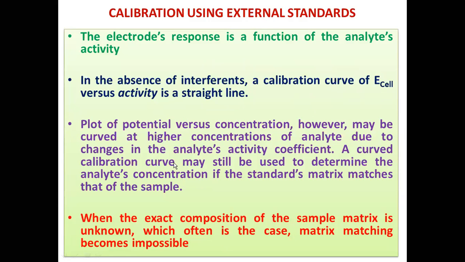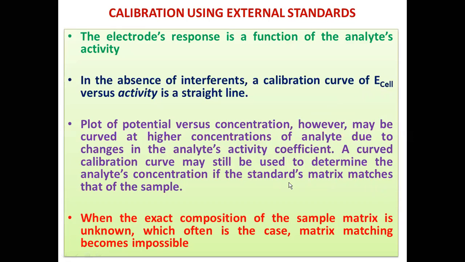There will be a curvature. But the calibration curve, with or without the curvature, is useful in determining the Nernstian slope and hence the concentration of the analyte. The curvature is due to the matrices present.